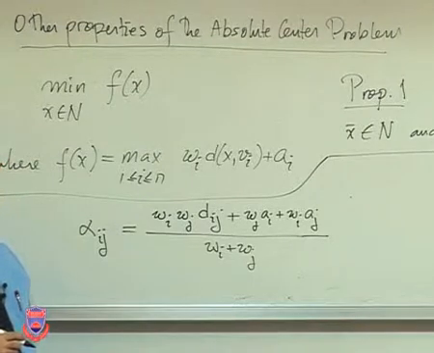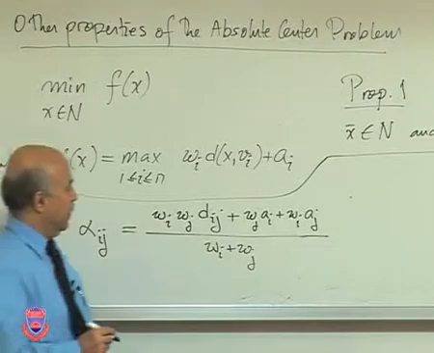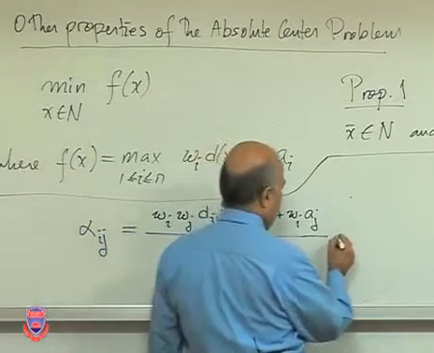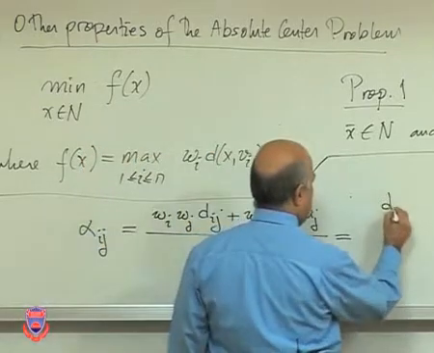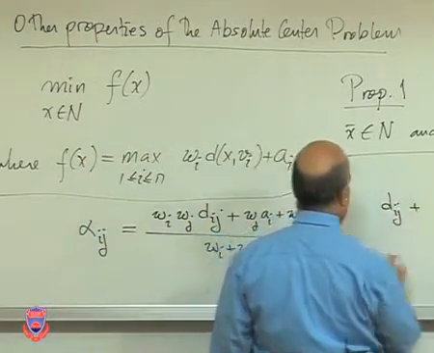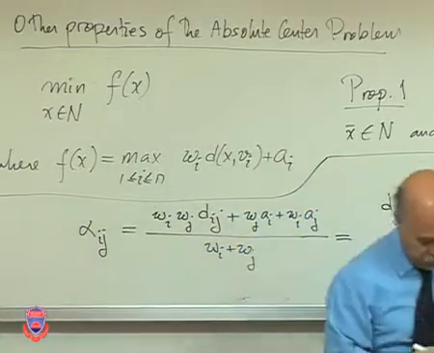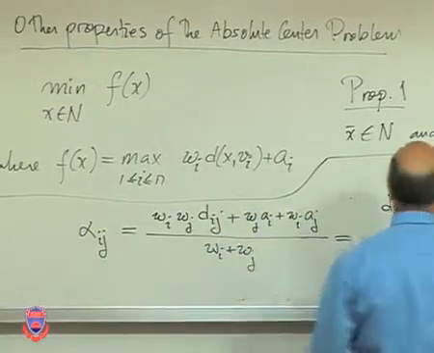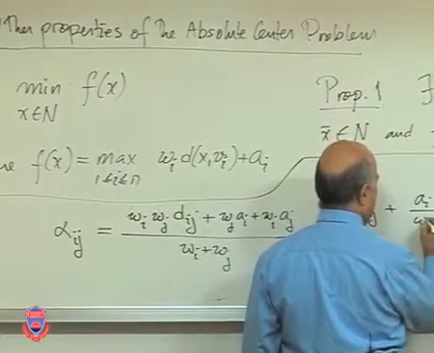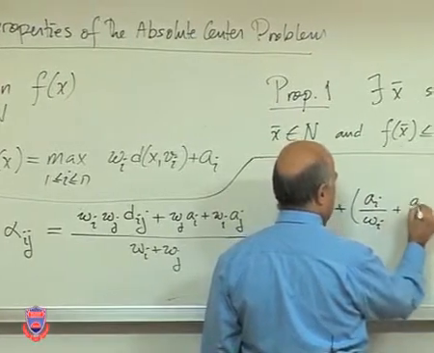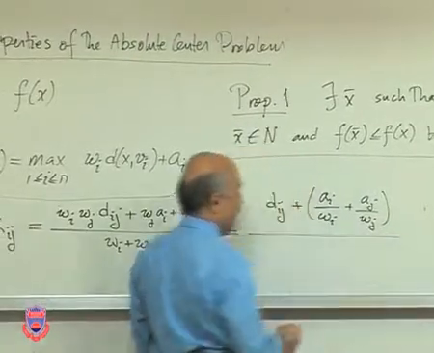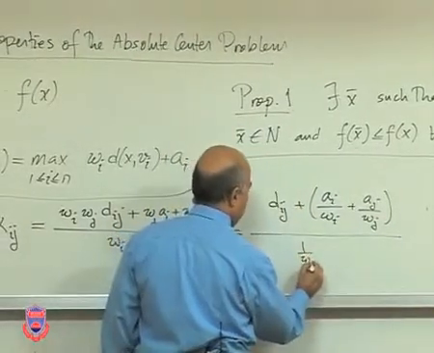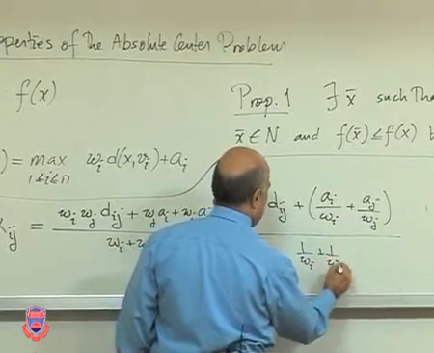Is this correct? Because I don't have it in my notes. The one I prefer is the distance plus ai divided by wi, plus aj divided by wj, the entire thing divided by 1 over wi plus 1 over wj.